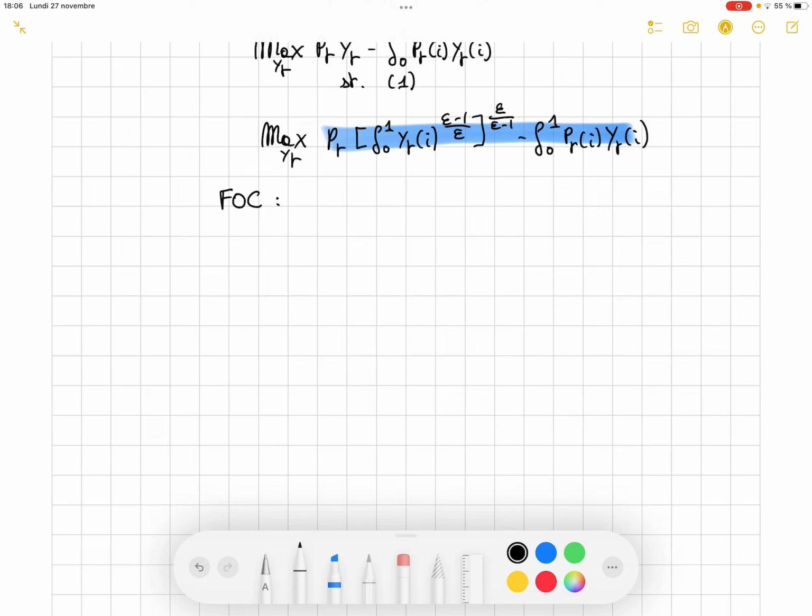And what we obtain here is basically Pt, that is exogenous in the eyes of the firm, multiplied by the function inside the brackets, exponent minus 1, which basically cancels out here, and you will end up with 1 divided by epsilon minus 1.